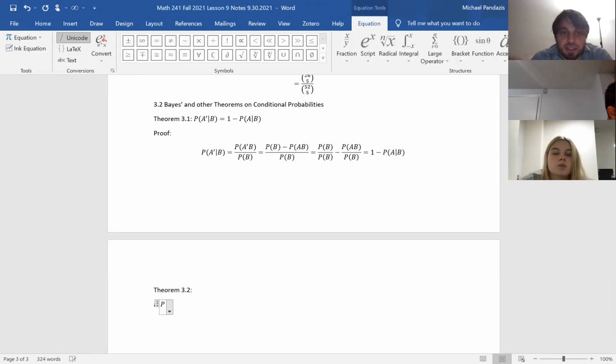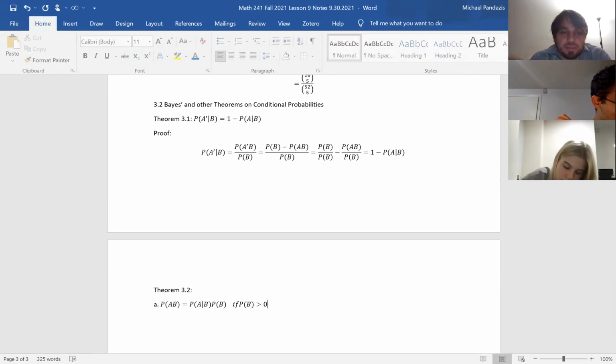P of AB is equal to P of A given B times P of B. And this is if P of B is positive.